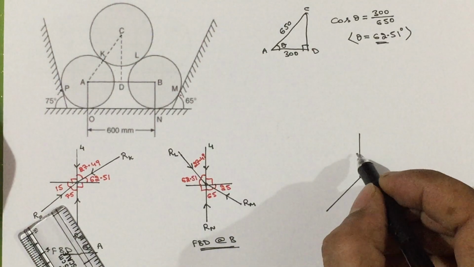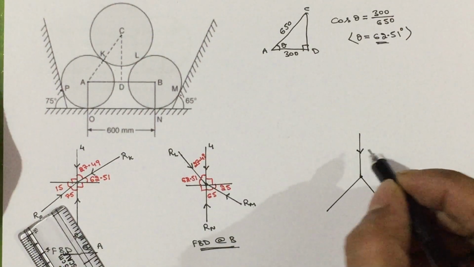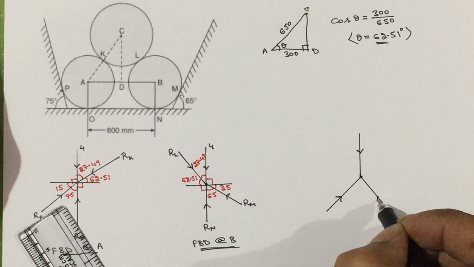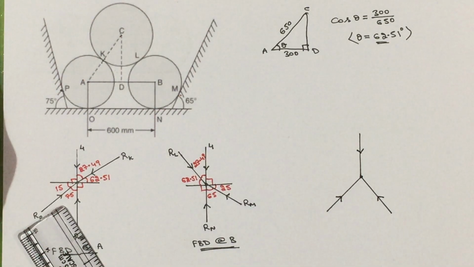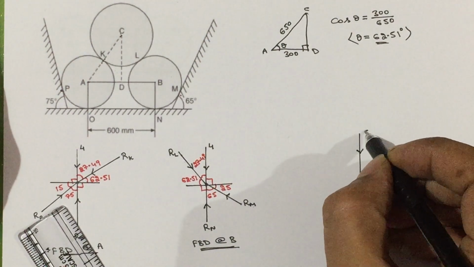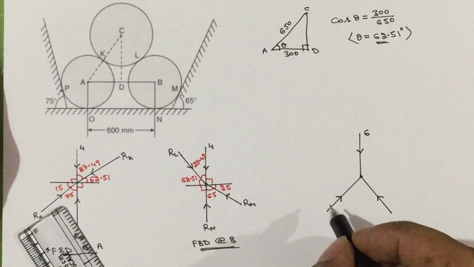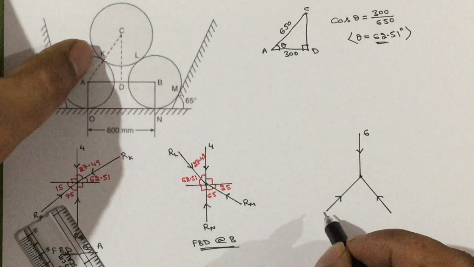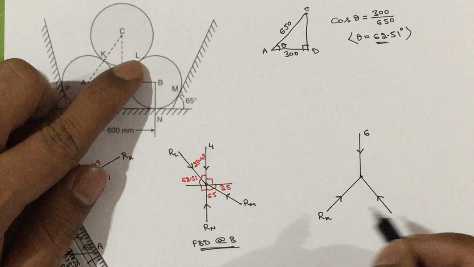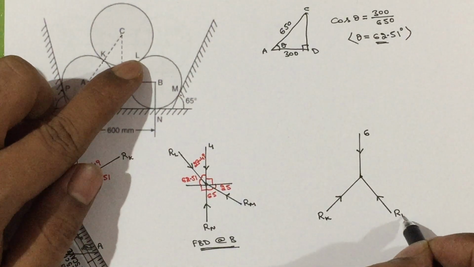Weight will act downwards. These are compression reactions which act towards the point. The weight of the C ball is 6 kilonewton, given in the problem. Then this will be the reaction at K point, and this will be the reaction at L point.